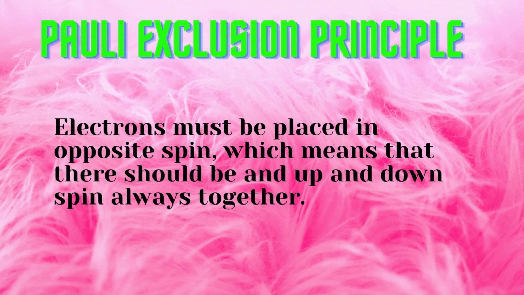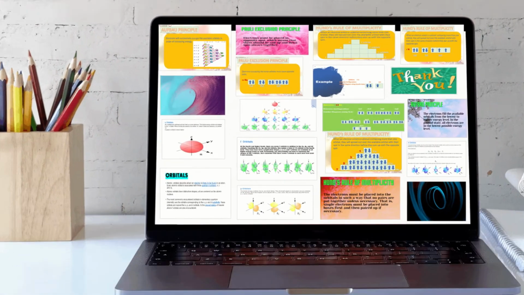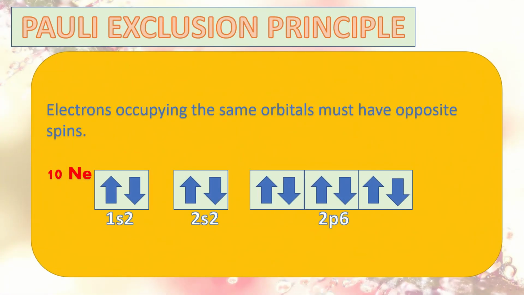The Pauli exclusion principle states that electrons must be placed in opposite spin, which means that there should always be an up and down spin together. So in other words, the electrons occupying the same orbital must have opposite spin.